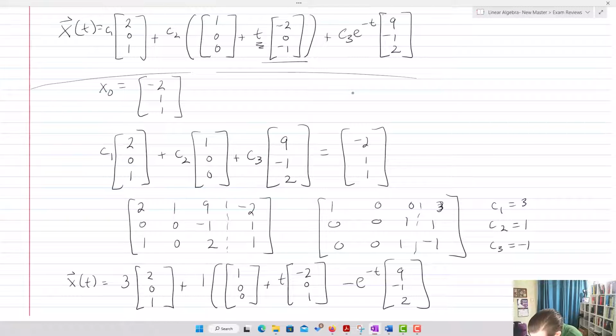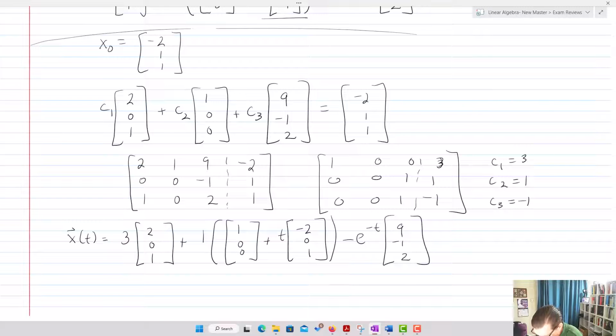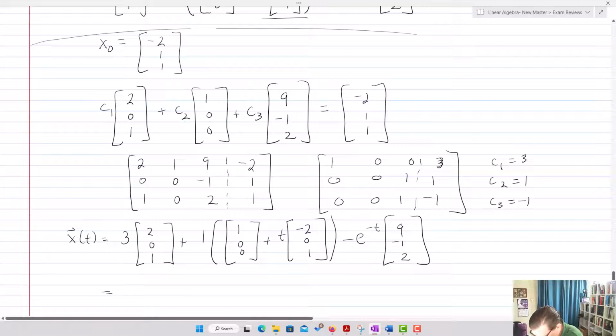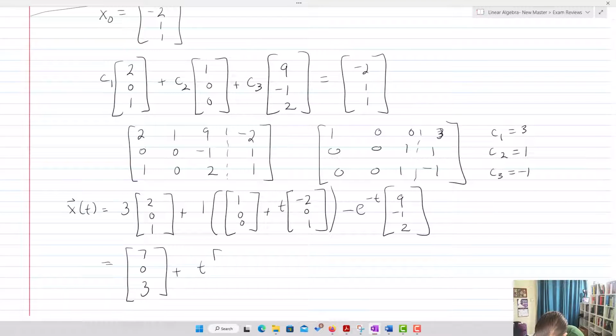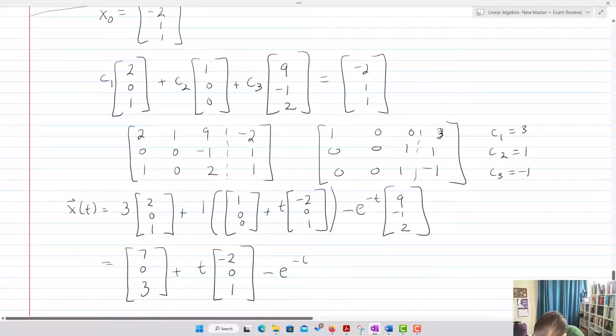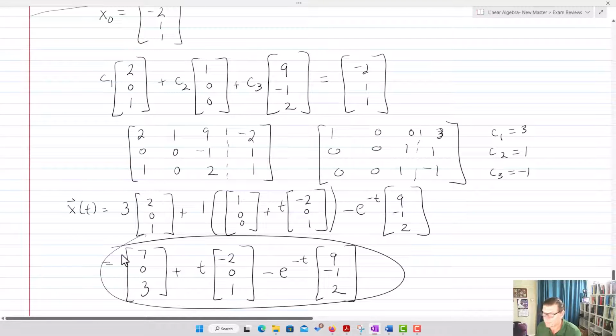We can combine some terms, since we can just add those two vectors together. This ends up being (7, 0, 3) plus t times (negative 2, 0, negative 1) minus e to the negative t times (9, negative 1, 2). And that is the solution to my system of differential equations.